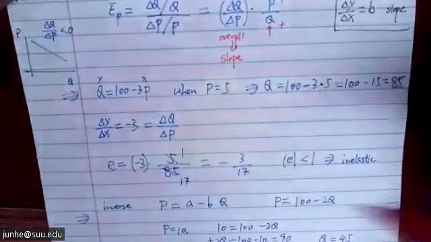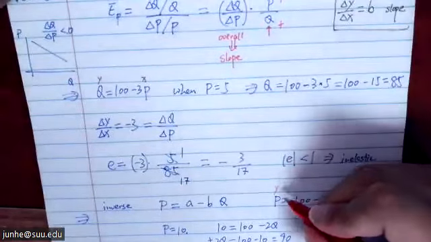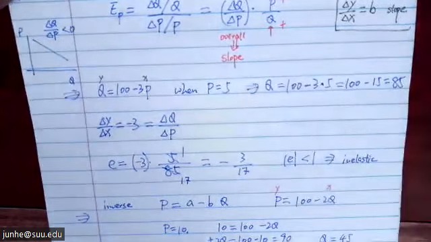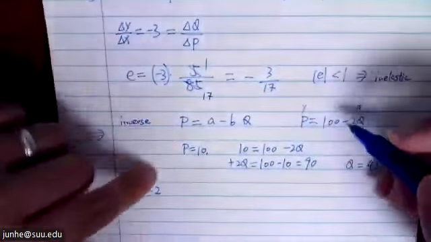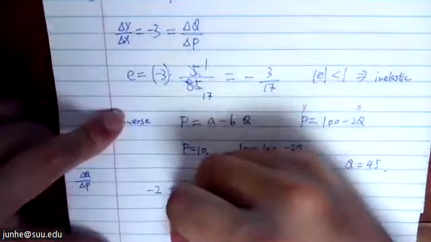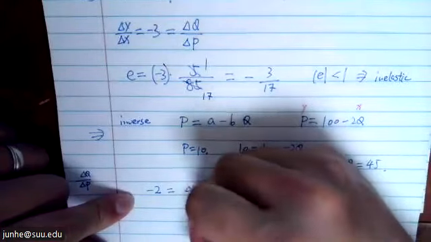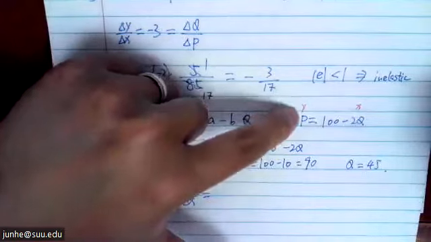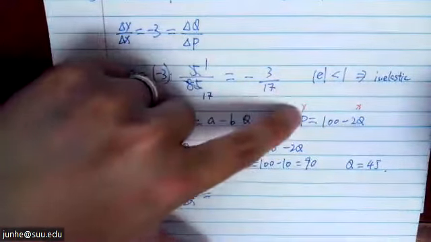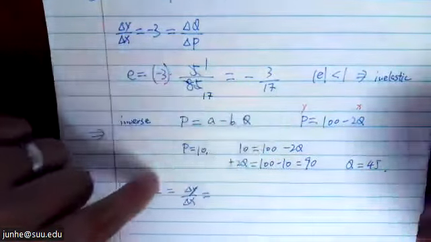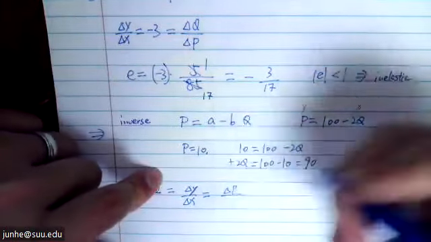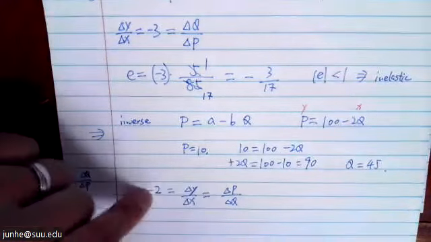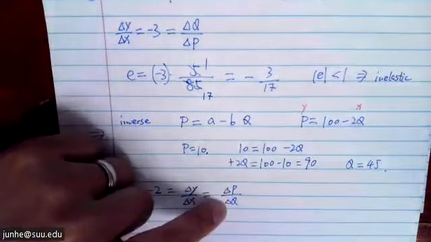In this case, your P is Y and your Q is X, because that's an inverse demand. Regardless, minus 2 is always delta Y over delta X. So here you just need to figure out what is Y and what is X. In this case, Y is P and X is Q, so minus 2 is actually delta P over delta Q.